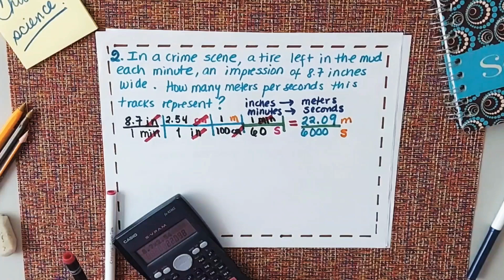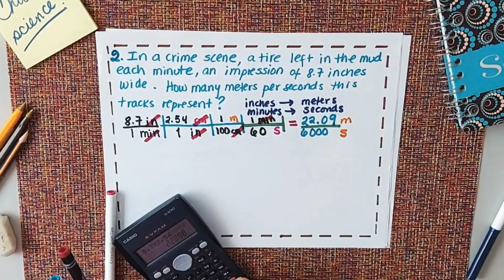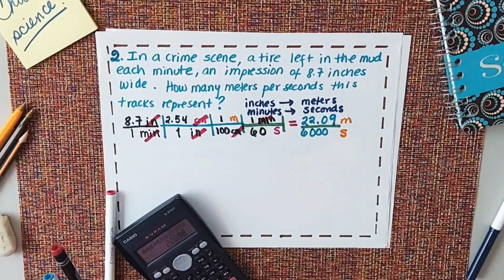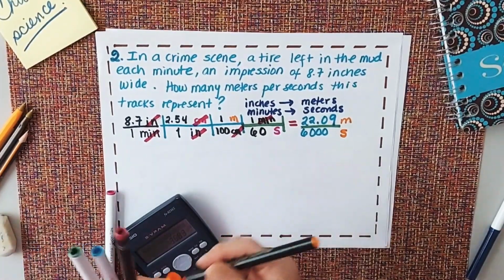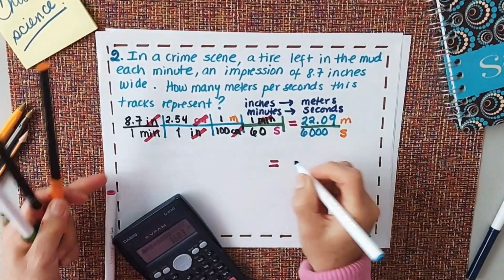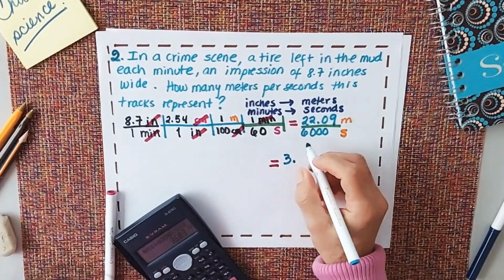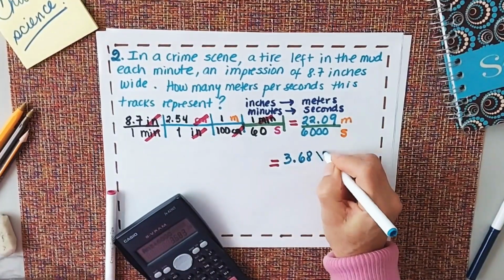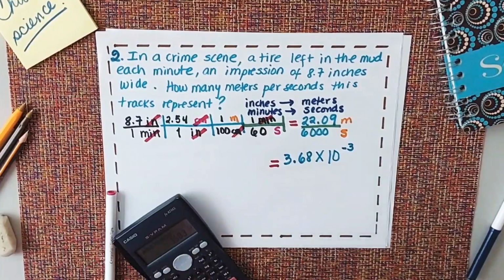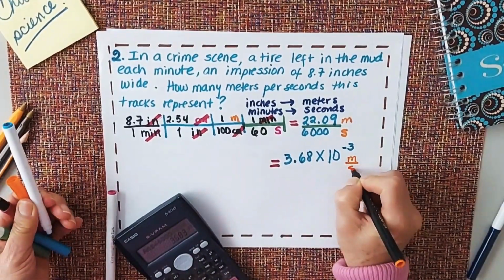Okay, now we are going to divide 22.09 over 6,000 equals 3.68 times 10 to the minus 3 power. And the units are meters over second.